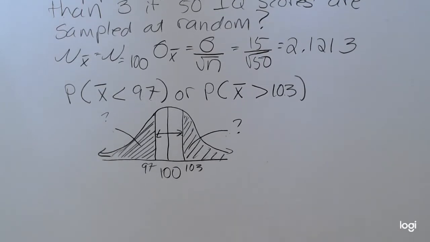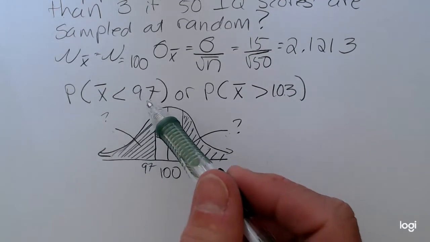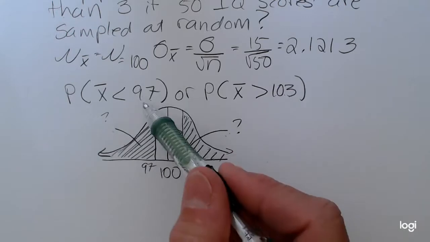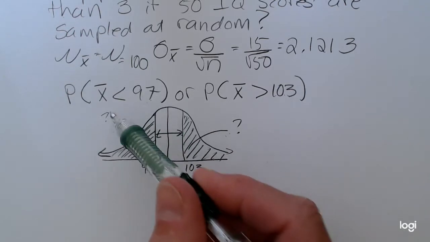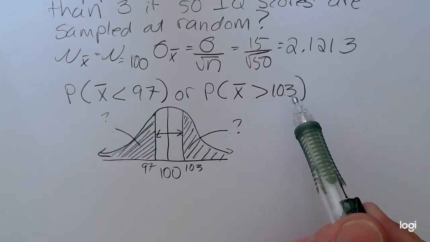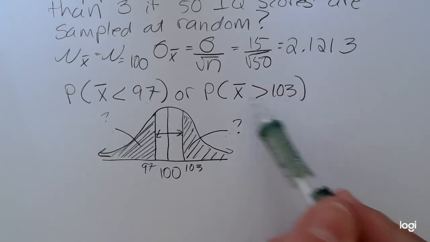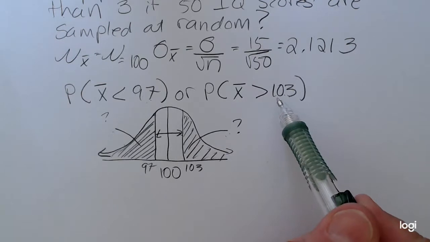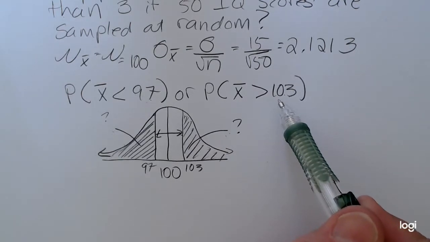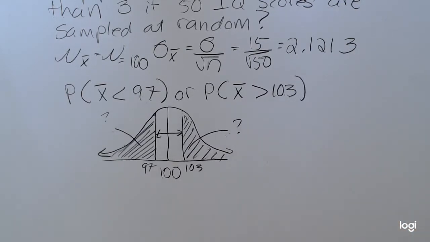Or you can use the z-table once here, convert this to a z-score, and then add it to the area you find here, converting this to a z-score. But in this case, you're going to have to subtract from 1 because the z-table reads cumulatively.